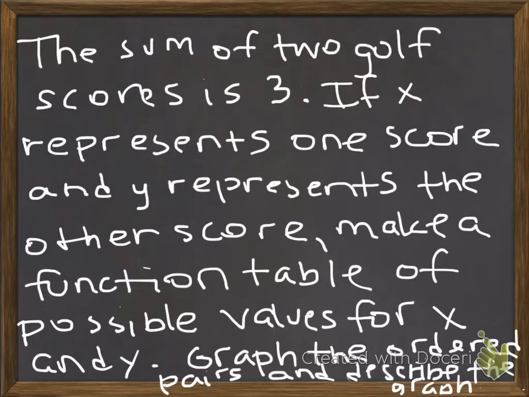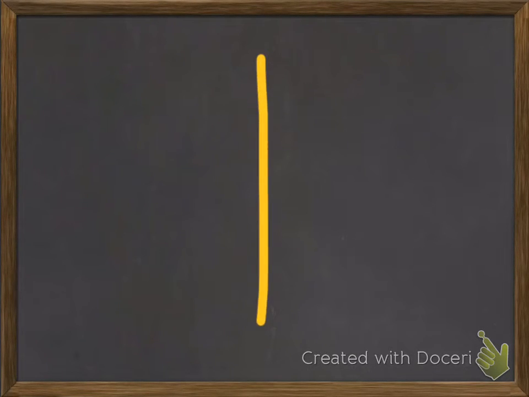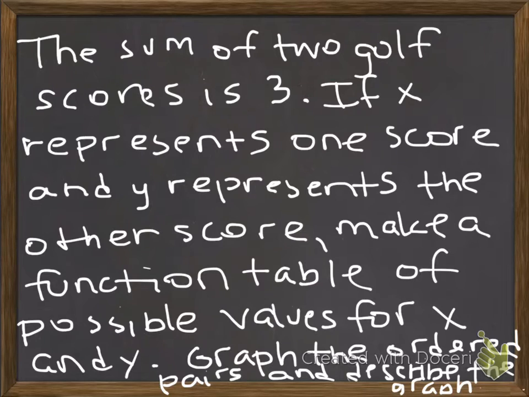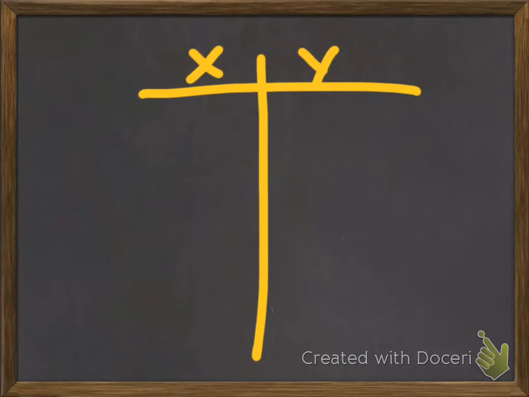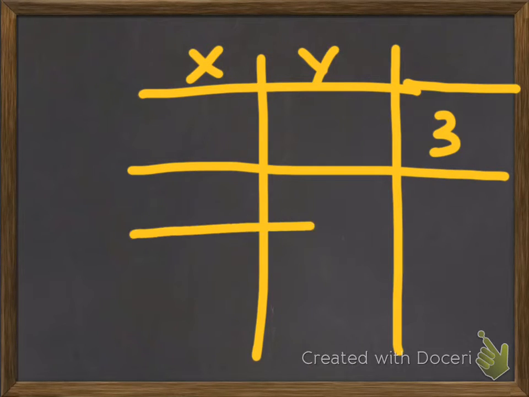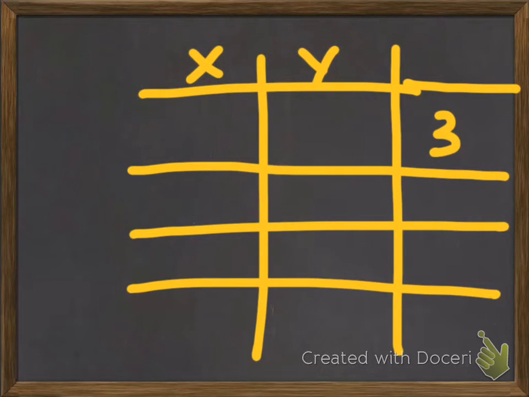So this is kind of up to you, but if we were to make a function table here, it says x represents one score and y represents the other score. Our third column has to equal 3 every time. So we basically need numbers that add up to be 3.